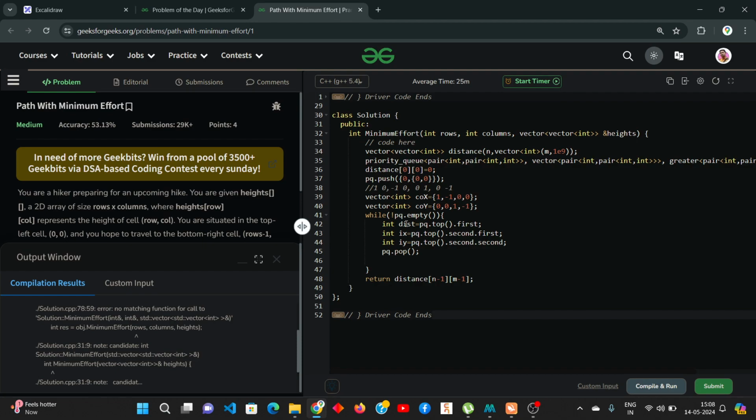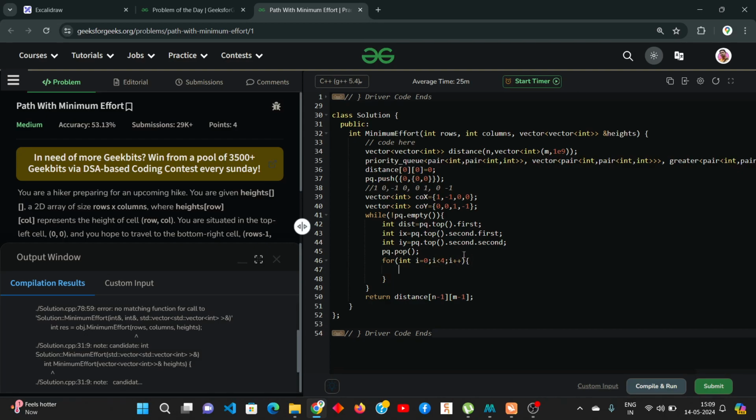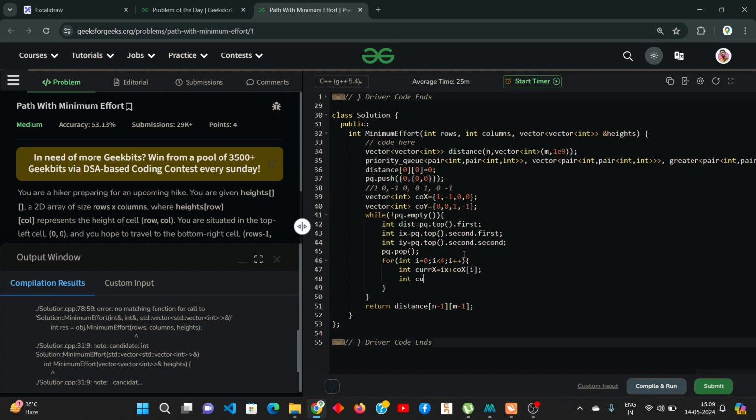and now we can get all the adjacent nodes, that is int i = 0, i less than 4, i plus plus, because we have only four directions. Let us get all the adjacent nodes, that is int cx, that will be ix plus the new position, and cy, that will be iy plus the direction i.